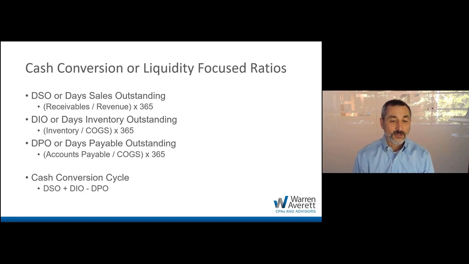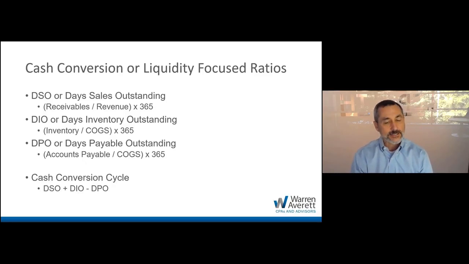So that's the formula that tells us how many days we are using other people's money, netted against how many days we're having to have our money tied up in the inventory and sales cycle. So that's a good reflection of how efficiently we're turning our money.